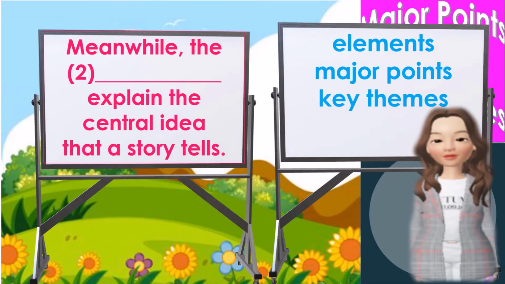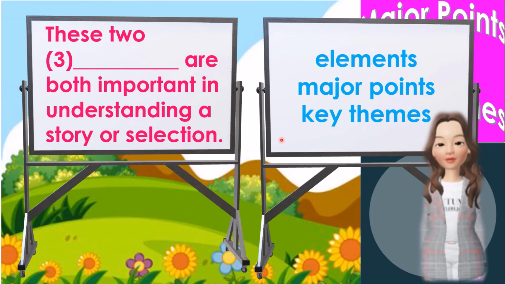Number 2, meanwhile, the blank explains the central idea that a story tells. Choices are elements, major points, key themes. And number 3, these two blanks are both important in understanding a story or selections. Choices are elements, major points, key themes.